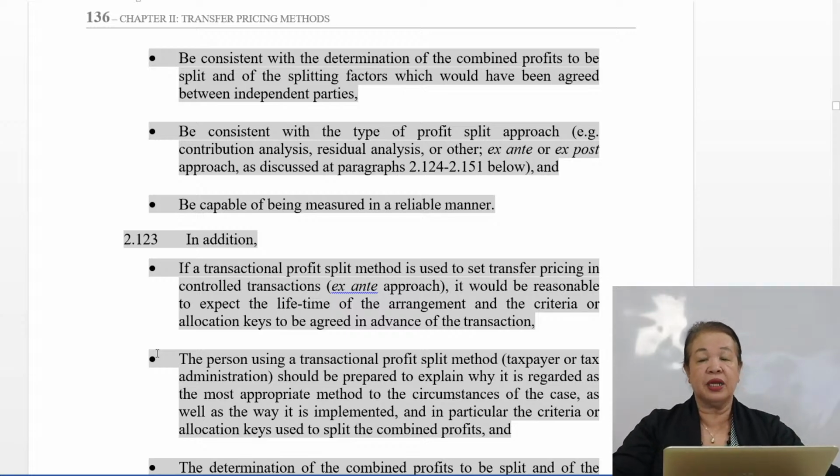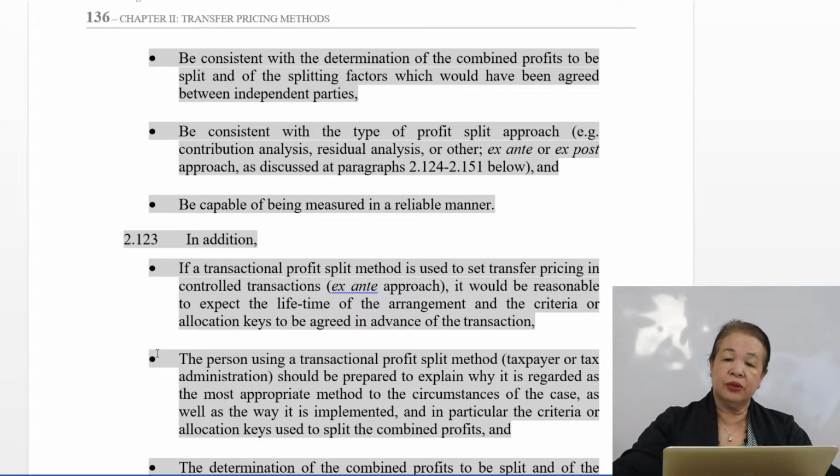So sino ang magawa ng recommendation? Ay kung sinong gumamit ng transfer pricing report, no? Kung halimbawa yung gumawa nun, the tax authority, then dapat ma-explain niya na dapat talaga yung profit split. Or kung ang gumawa naman ng transfer pricing analysis report is the taxpayer or the entity under audit, siya din yung magbibigay ng reason kung bakit profit split yung dapat. At sabi na natin, when can you use the profit split method?